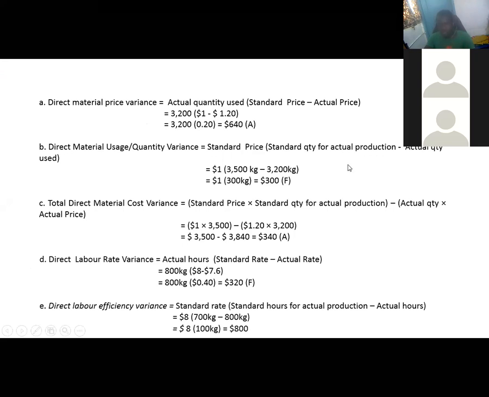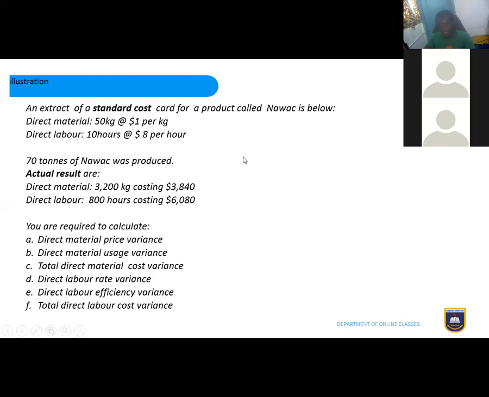So let's go back to the question, standard quantity for actual production. Here you also need to do very simple workings. For the standard, you must ask yourself, how many units were produced at the end of the day? From the question, 70 tons was produced.